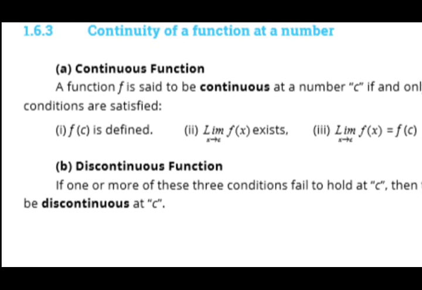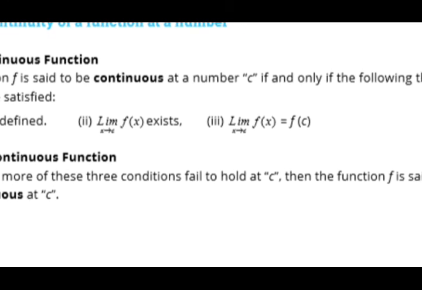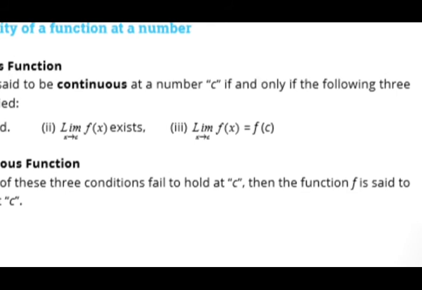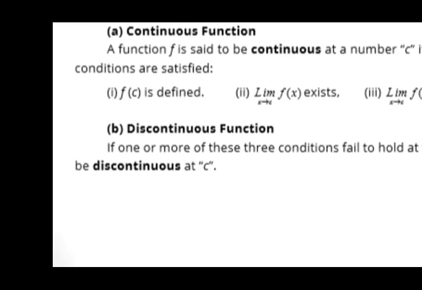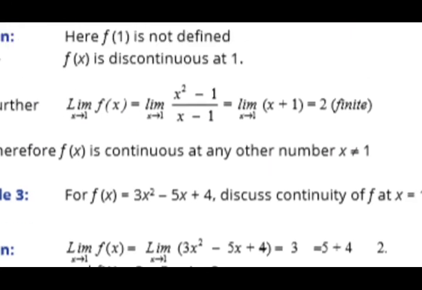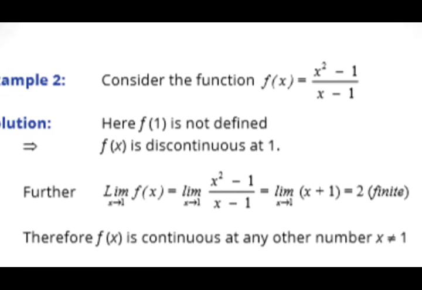Discontinuous function. If one or more of these three conditions fail to hold at x equal to c, the function is said to be discontinuous. Now we have a function f of x equal to x squared minus 1 over x minus 1.